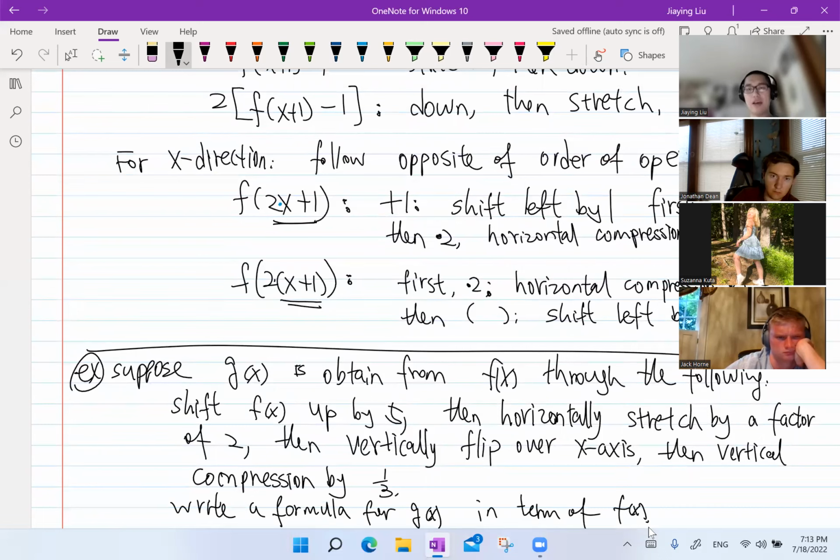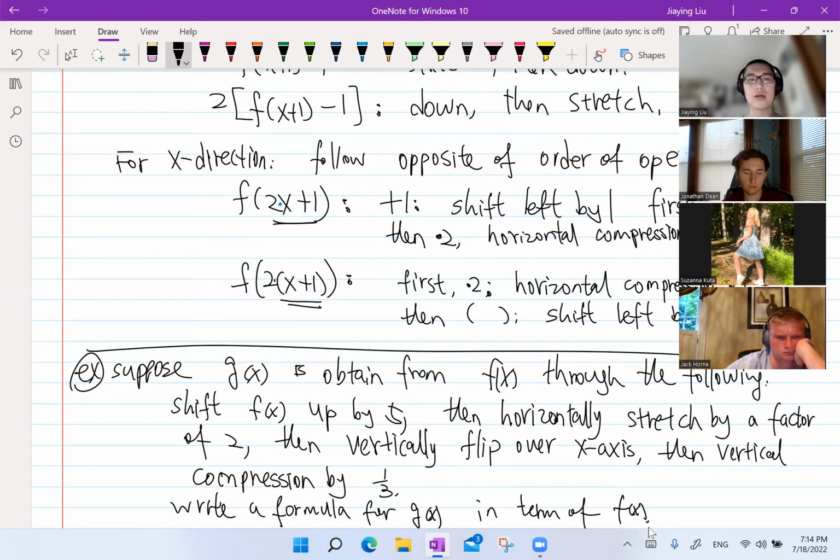So here we have f of x. We're going to shift it up by 5, and then we're going to horizontally stretch it by a factor of 2. Then we're going to vertically flip whatever we get over the x-axis, and then we're going to vertically compress the result by 1/3. So whatever we get, that will be g of x.